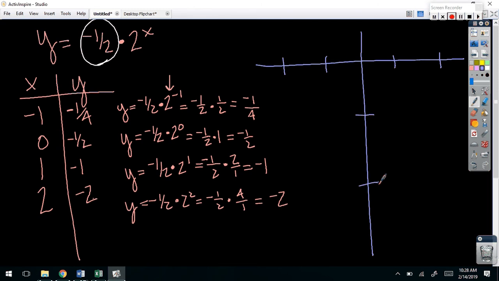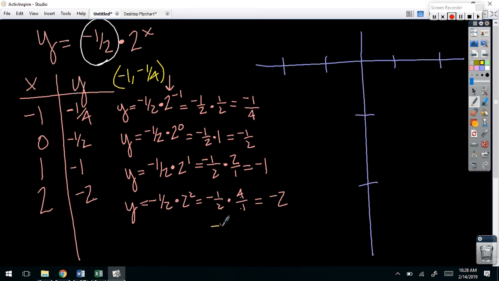I'm going to space my lines out a good bit because my lowest point's -2, so you can really see what's going on here. All right, so my first point is -1, -1/4, right? 2 to the second power is 4. So I put it over 1. 4 divided by 2 is 2.